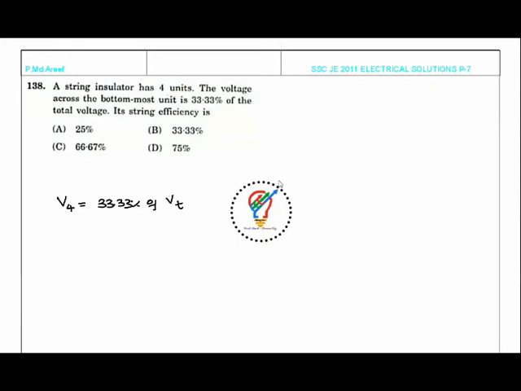What is string efficiency? String efficiency is equal to total voltage across a string divided by number of insulator discs in the string into the voltage across the insulator which is nearer to the conductor, that is V1 here. Okay, so V4, that is here you can say V4 here.